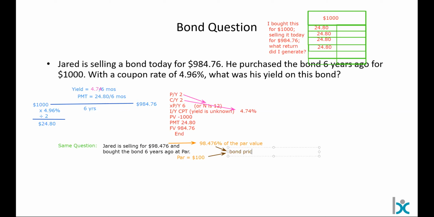So bond prices are expressed per $100 of par value. Okay, this particular bond, then we would say it's selling at a discount.